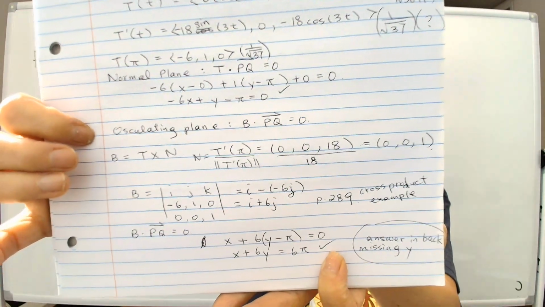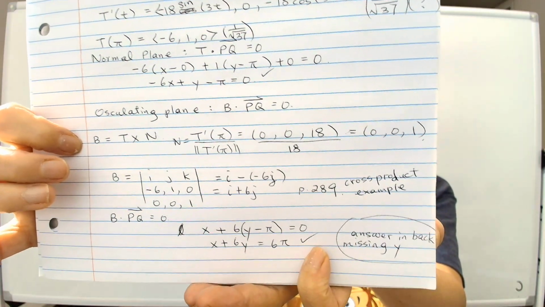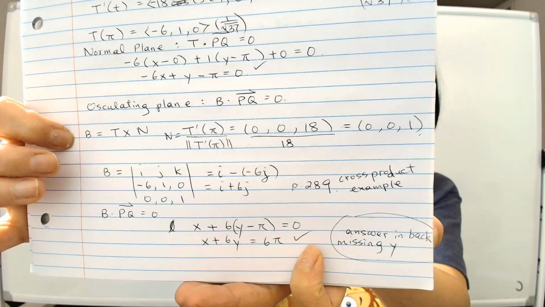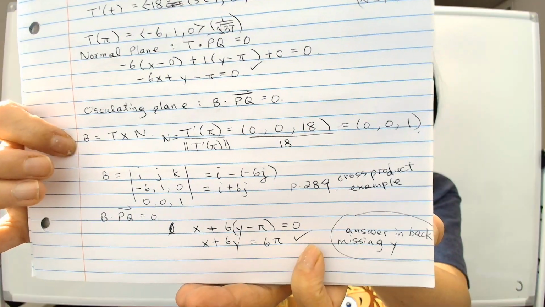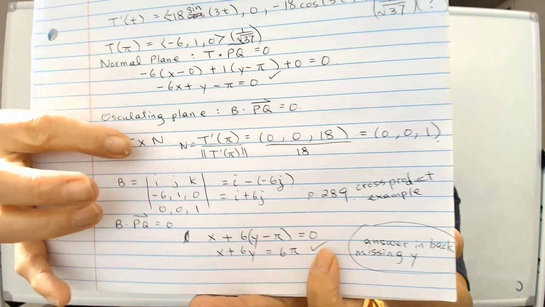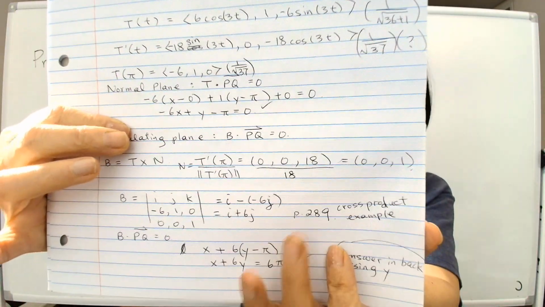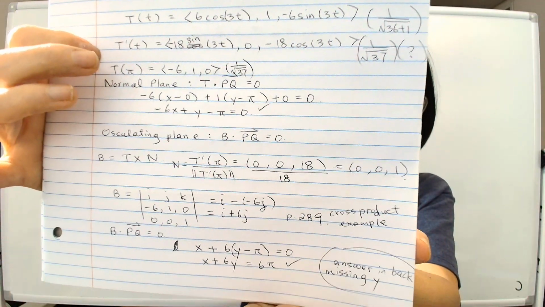Next we need to calculate the osculating plane, same principle, except that we need to figure out what B is. B is T cross N, so we need to figure out what N is. N is T prime, which I did up here a bit earlier.